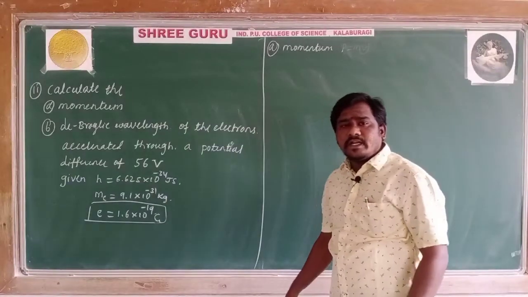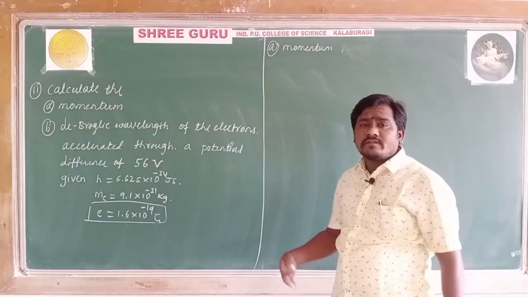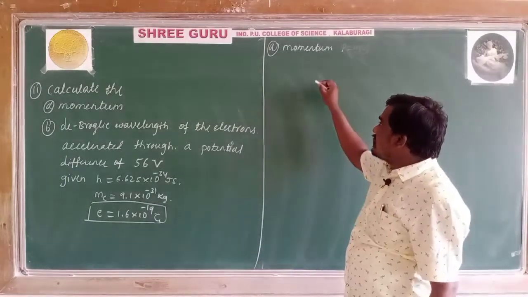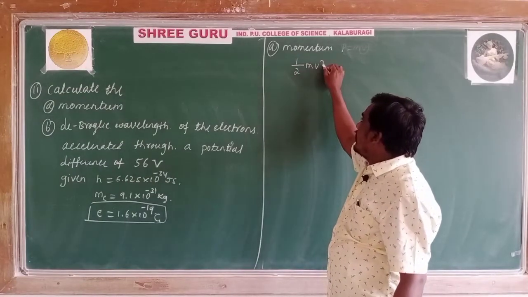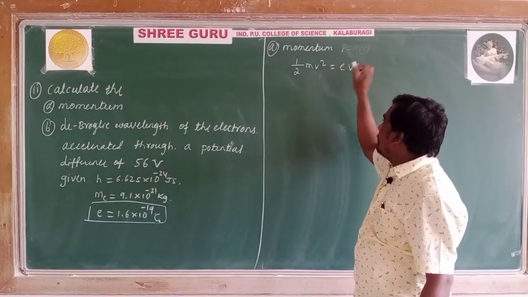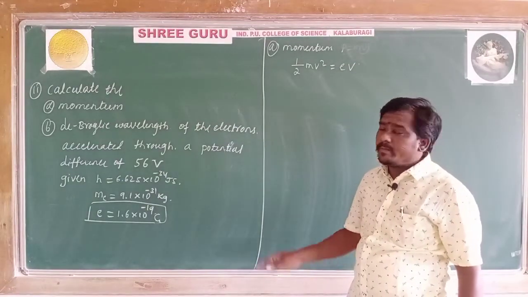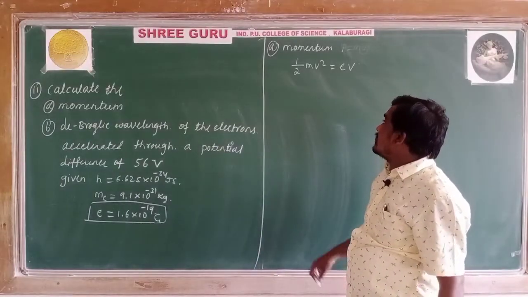Now we know that the kinetic energy is equal to the work function for a particular metallic surface, so we can also write like this: half mv square is nothing but eV. eV is electron volt for any metallic surface.